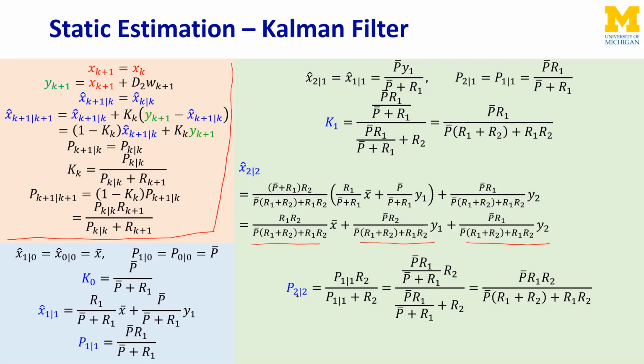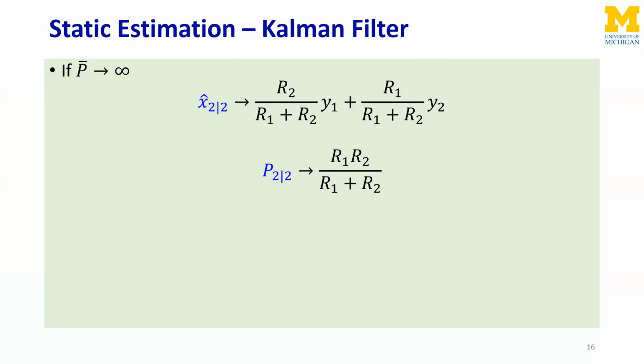And the covariance at step 2, the variance at step 2, is given by this expression here. This is pretty much the same result that we got in the previous case. So basically what I'm doing is I'm showing you multiple logical steps that you can choose to employ to get to basically the same result.